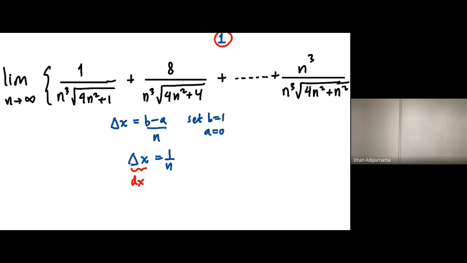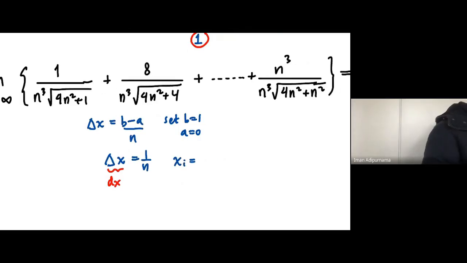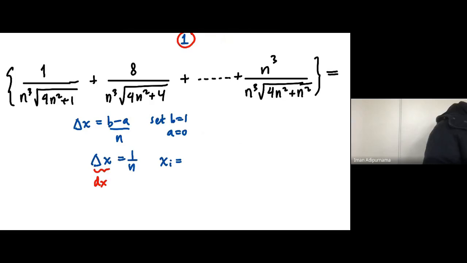Okay. So usually the x, let's say xi, is having maybe 1 over n, or maybe i over n. Okay. Something that has over n. This is just an example. Okay.